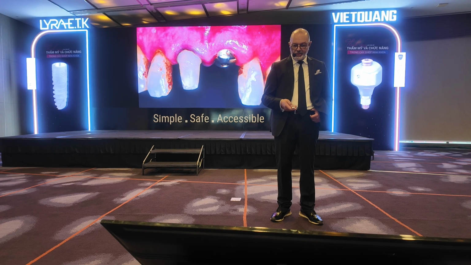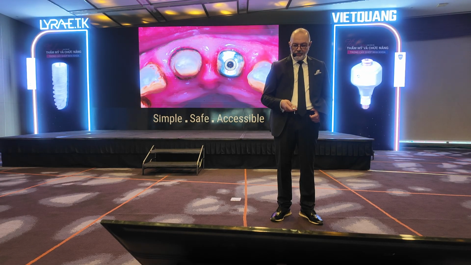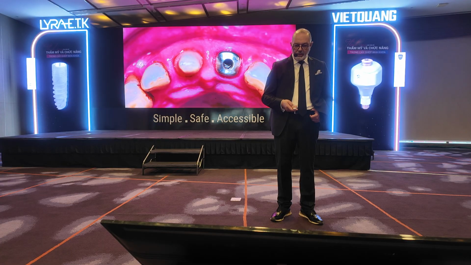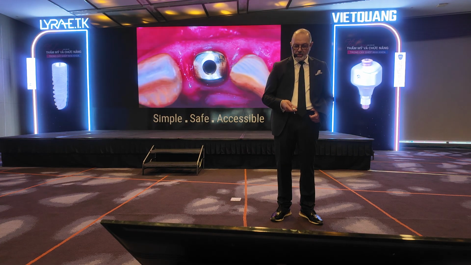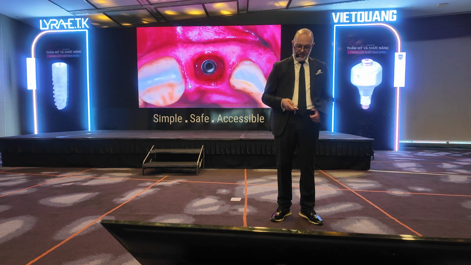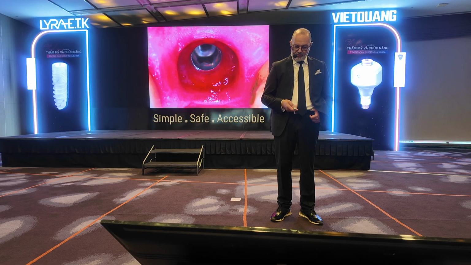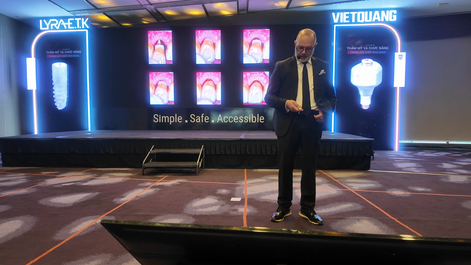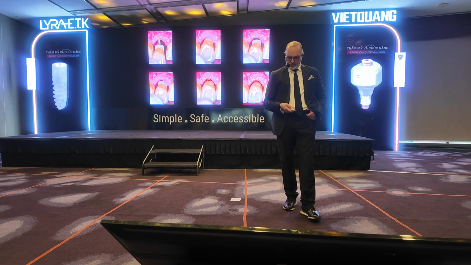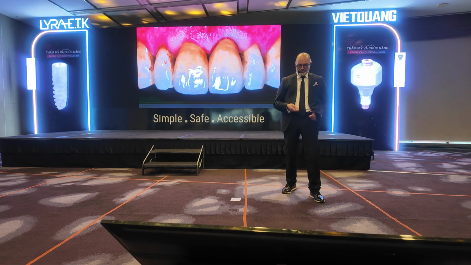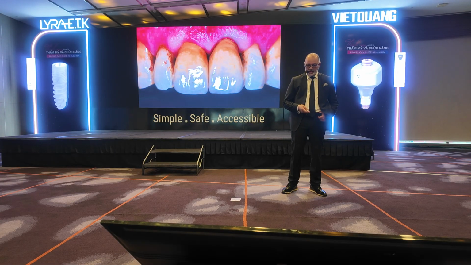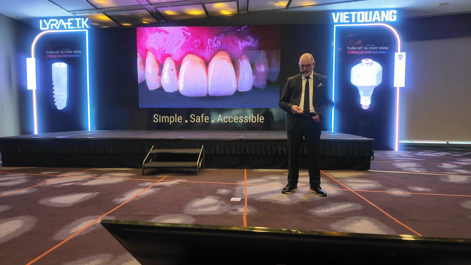Then the patient asked to do the same with the other central incisor. He doesn't like the aesthetic. So this is a B shape of the epithelium. This is the healing just before the final restoration placement, and this is the final restoration placement, as you can see, with the final outcome and the final aesthetic.